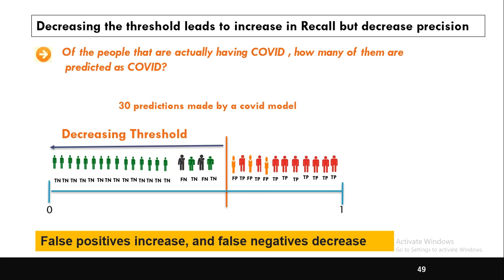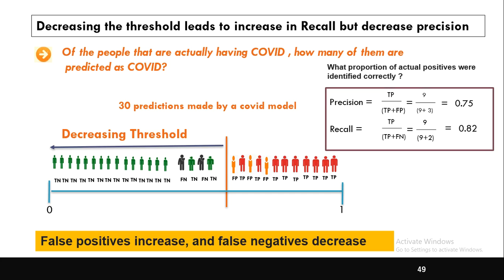So the false positive increases and the false negative decreases if you decrease the threshold. From this what we can infer is, as we decrease the threshold value, the precision decreases whereas the recall increases, and the false positive increases and false negative decreases. That is what we can infer from here.